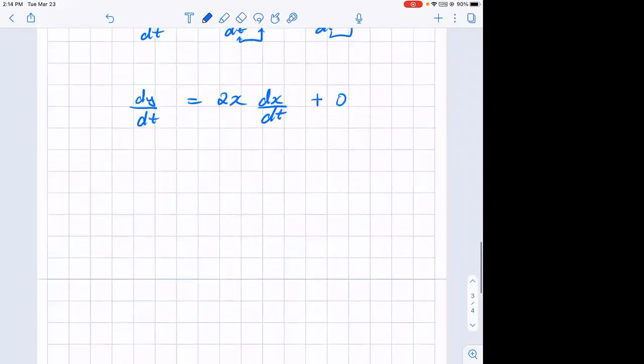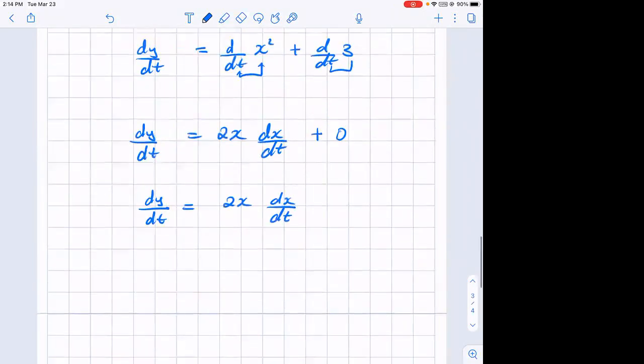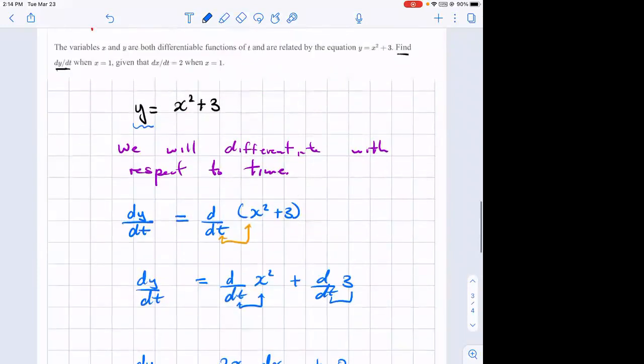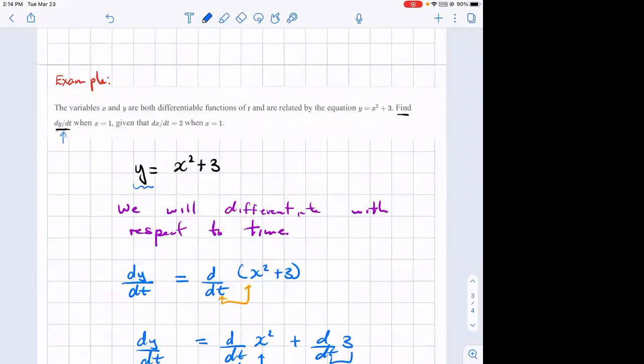So what do we have? We have dy/dt is equal to 2x dx/dt. Okay, that's what we have so far. Now, if you look at the problem, it says find dy/dt when x is equal to 1, given that dx/dt is equal to 2.